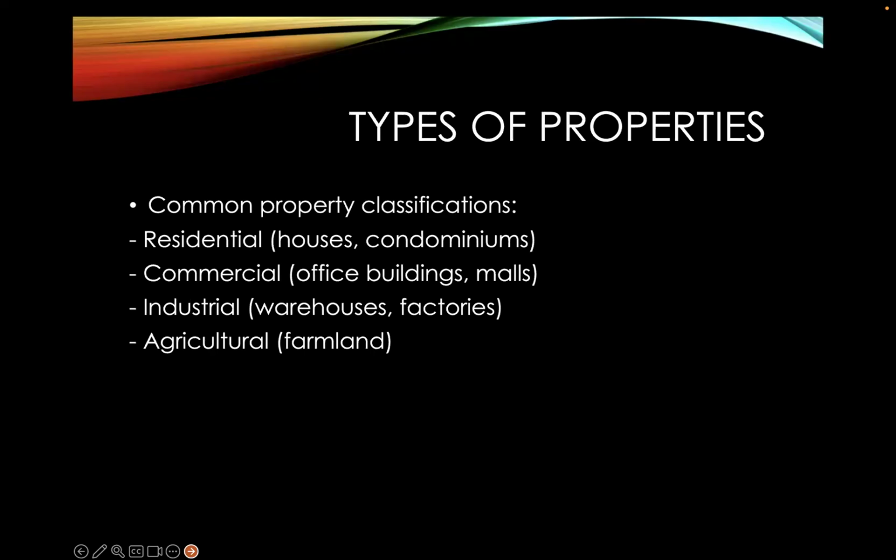Types of properties: common property classifications could be residential, so houses and condominiums; commercial, office buildings and malls; industrial, so warehouses and factories; and agricultural, so farmland. These are the properties that we're going to talk about.